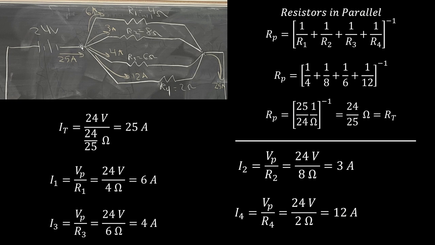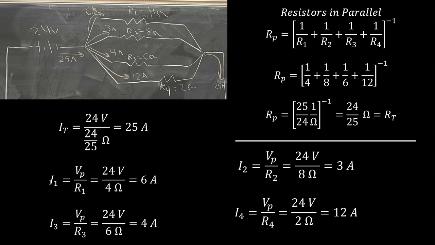So the entire 24 volts has to drop across these two nodes, which means each path has a voltage drop of 24 volts. And since each path only has one resistor, that 24 volt drop occurs at each resistor. Therefore, our parallel voltage for each path is 24 volts.